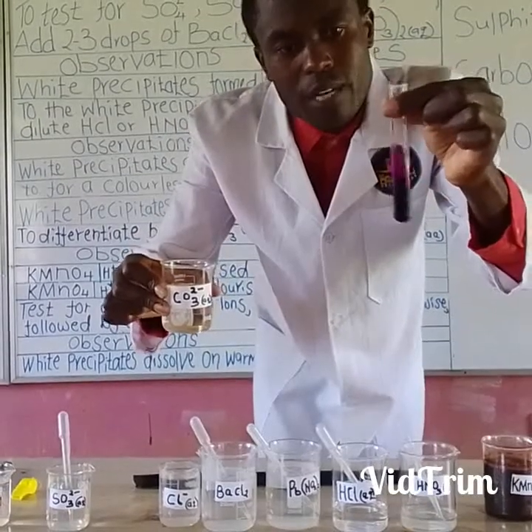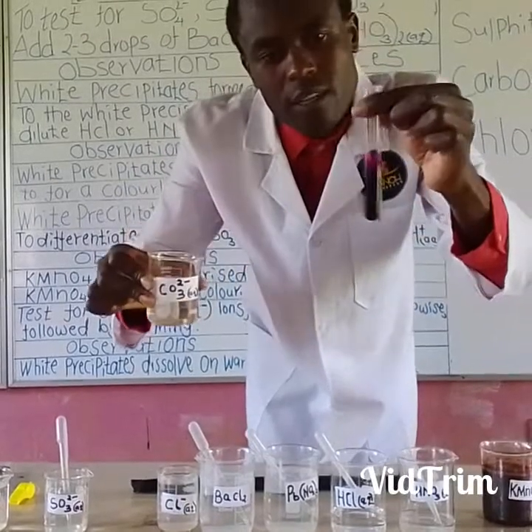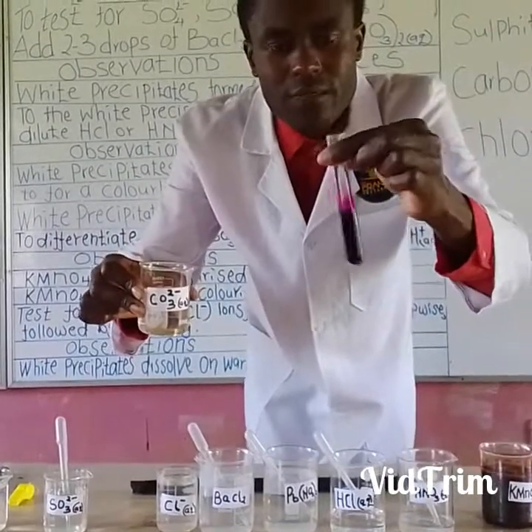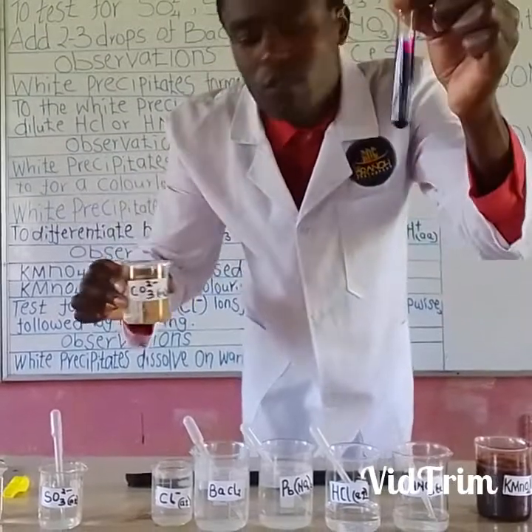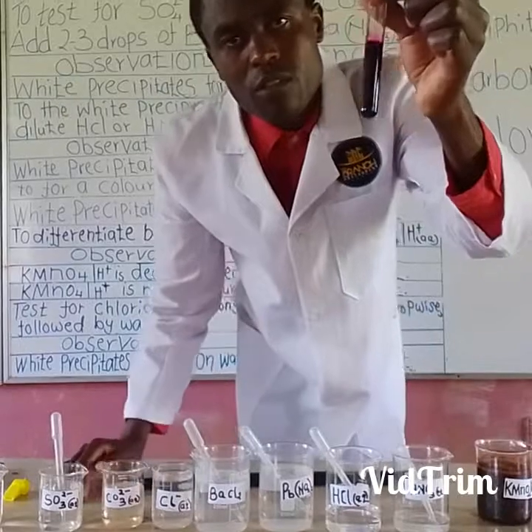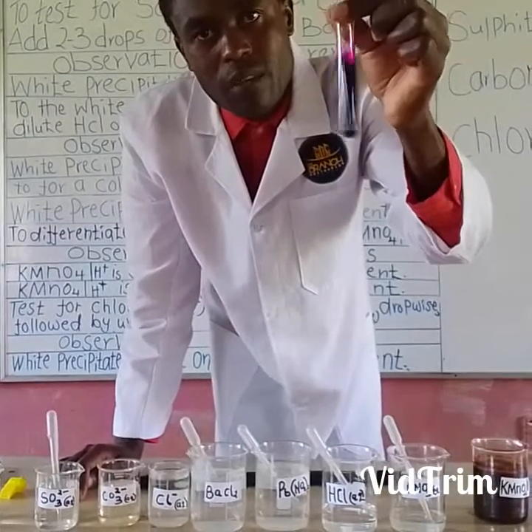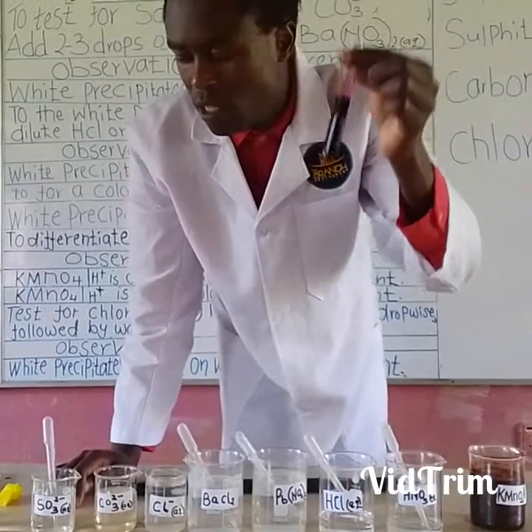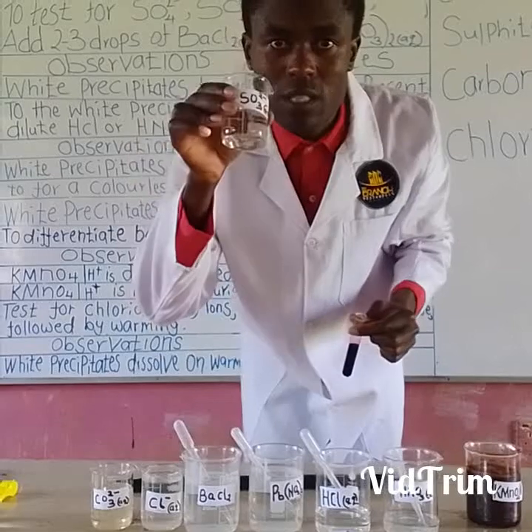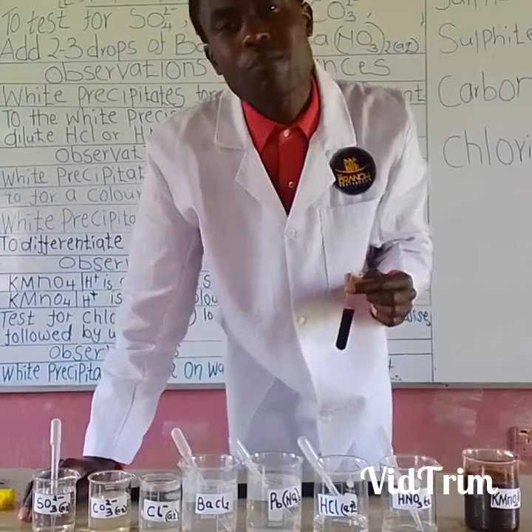In fact, I'm adding in excess now. I've now added excess, and the test tube is almost full, you can see, but no decolorization. So potassium permanganate(VII), the acidified one, does not decolorize. So it means carbonate ions do not decolorize acidified potassium permanganate(VII).